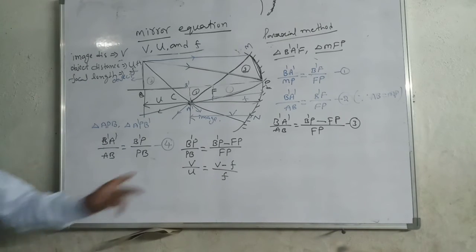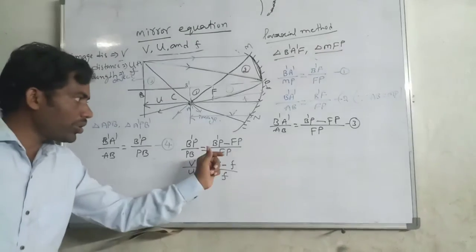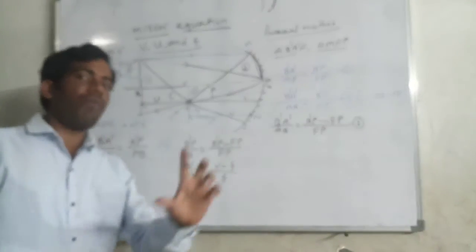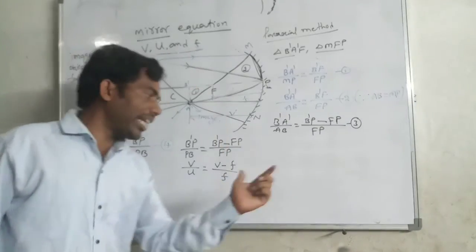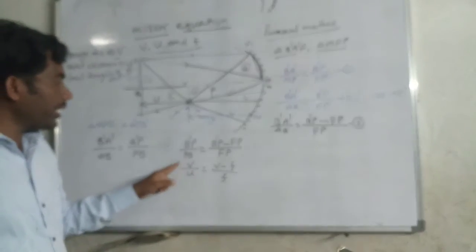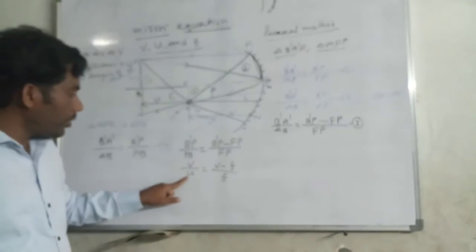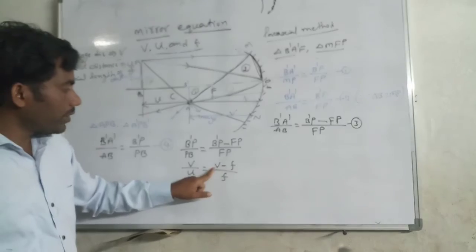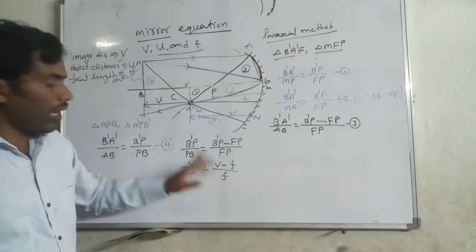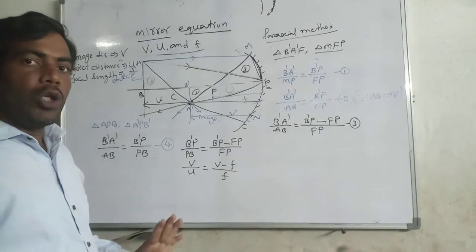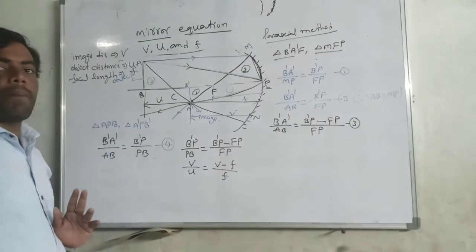This equation is in the form of magnitude of the distance. So we will take B dash P equal to V, U, and V and F by F. In this figure, apply the sign convention you already learned in the previous video.